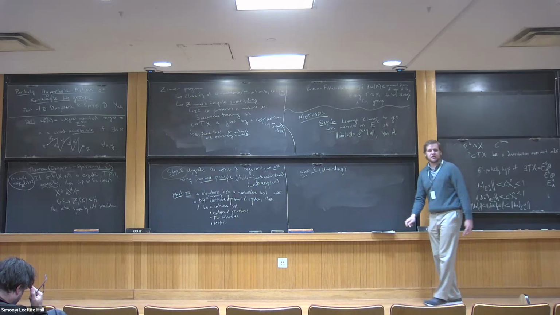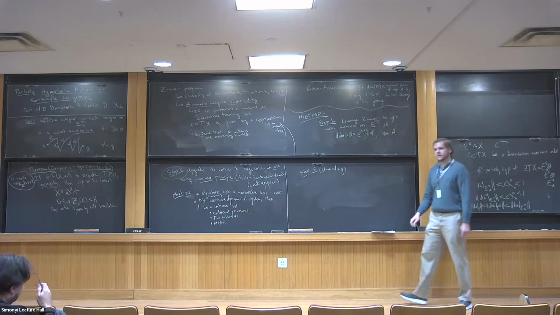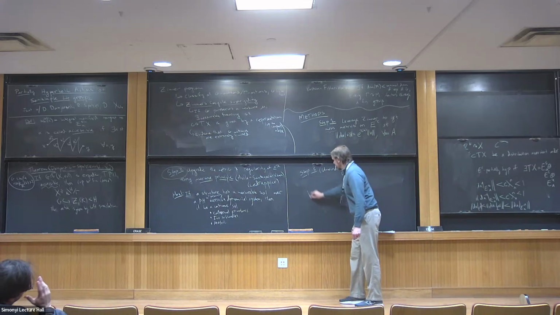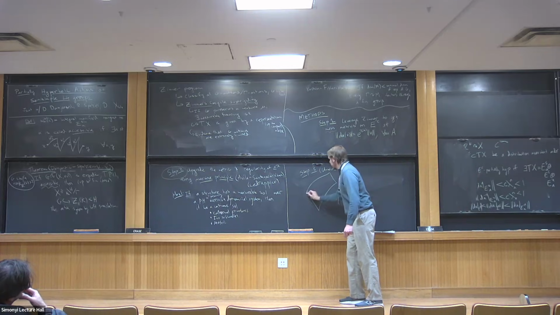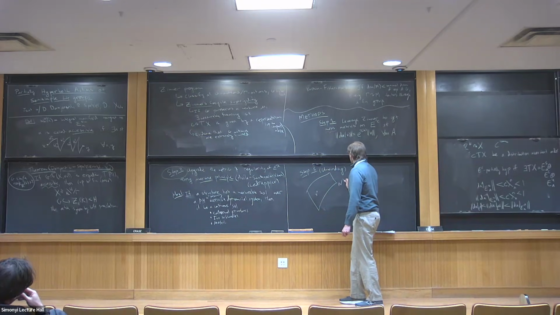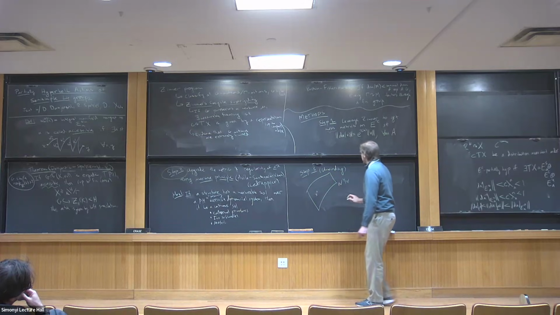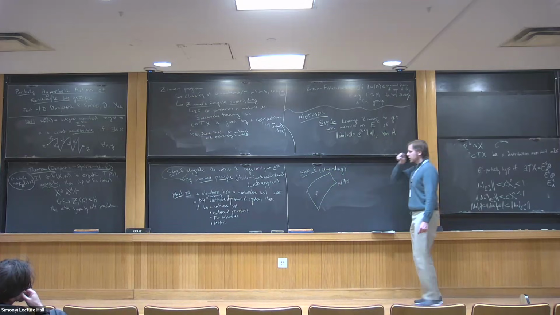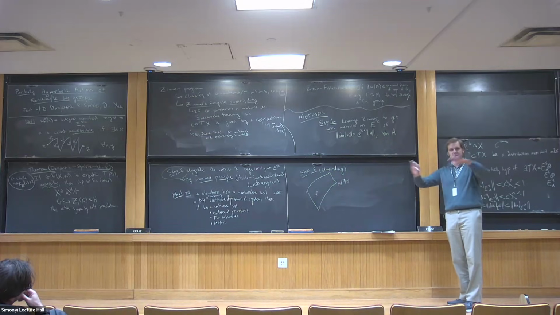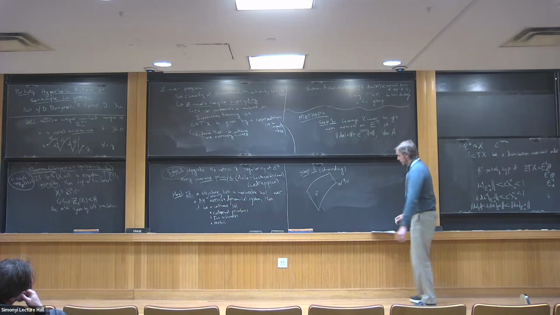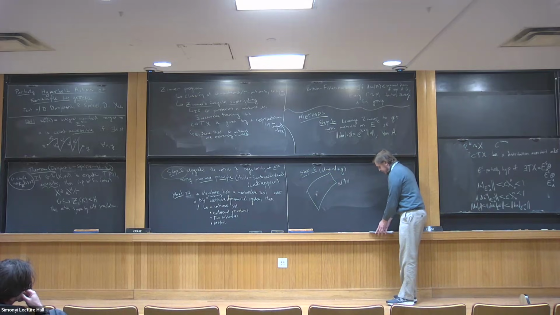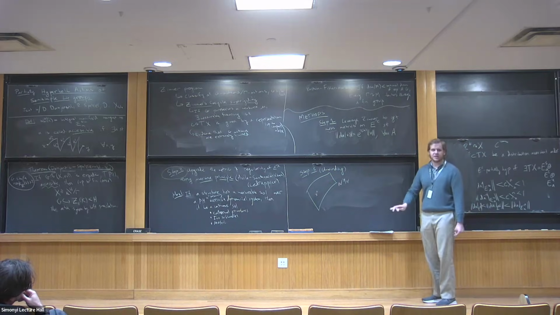So let me draw a few pictures to indicate what I mean by this. Let's suppose I have a point X, and I integrate E chi. So I have this foliation that's tangent to the Lyapunov distribution. Technically I should say coarse Lyapunov distribution, but for simplicity, I'm going to overlook this distinction.